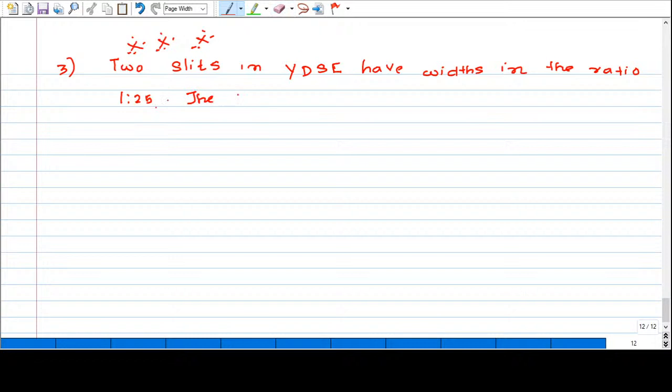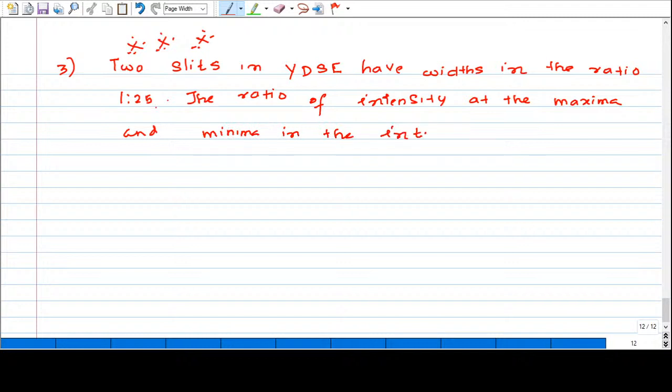the ratio of intensity at the maxima and minima in the interference pattern, I max by I minimum, is equal to dash.